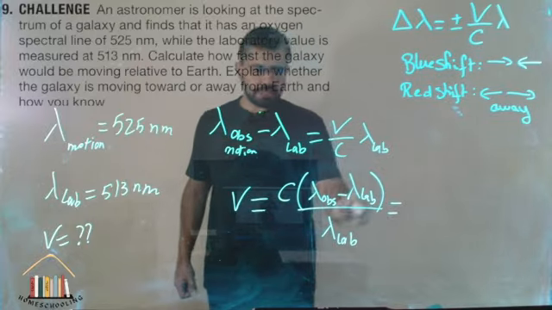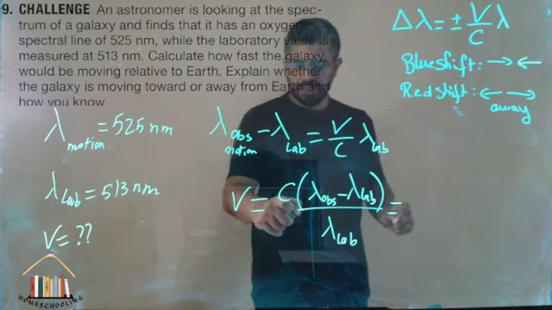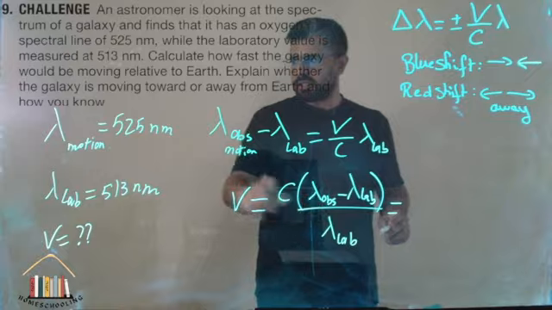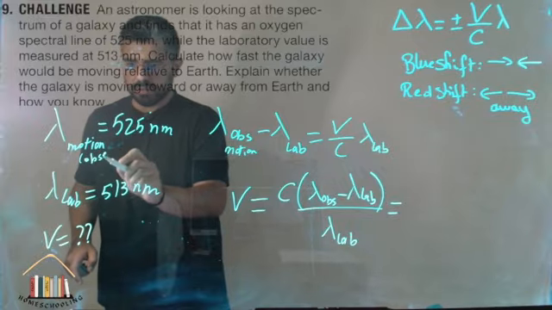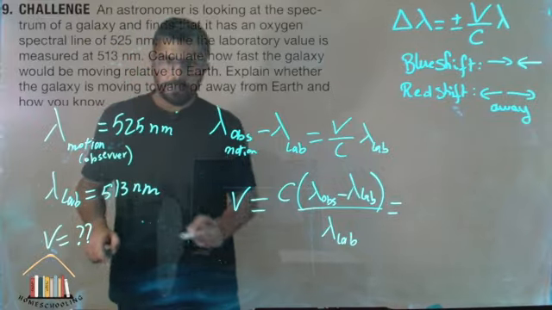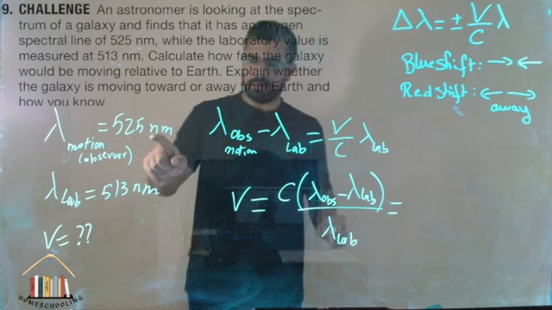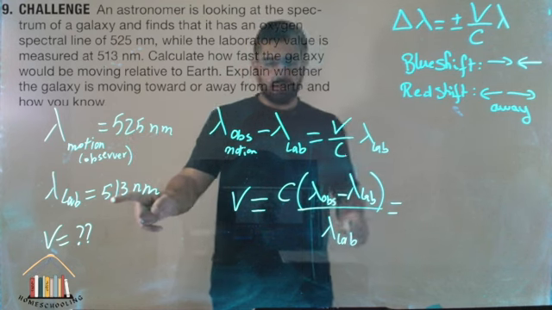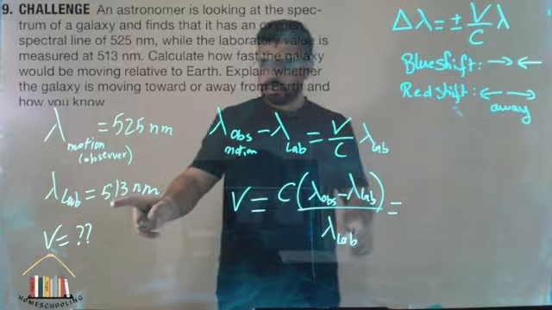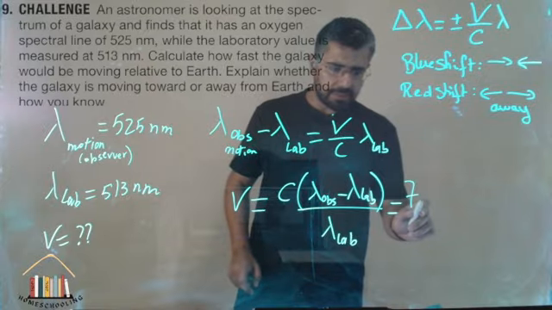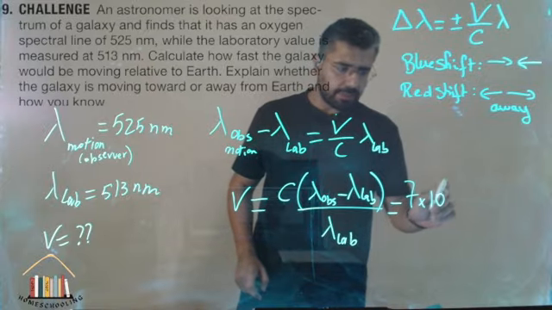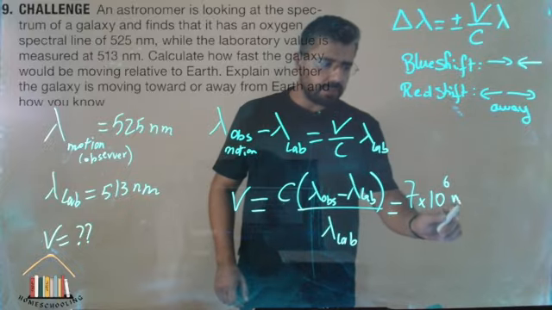When you apply these values, c is 3 by 10 power of 8, lambda of the observer is 525 by 10 power minus 9, minus 513, divided again by 513, so you get a speed of 7 by 10 power of 6 meter per second.